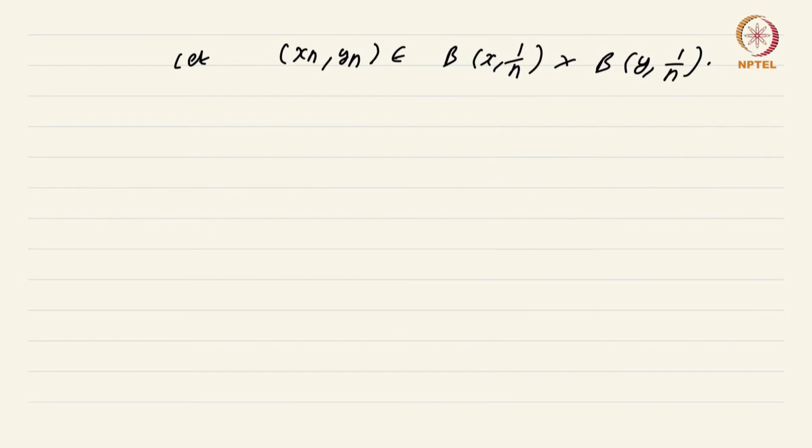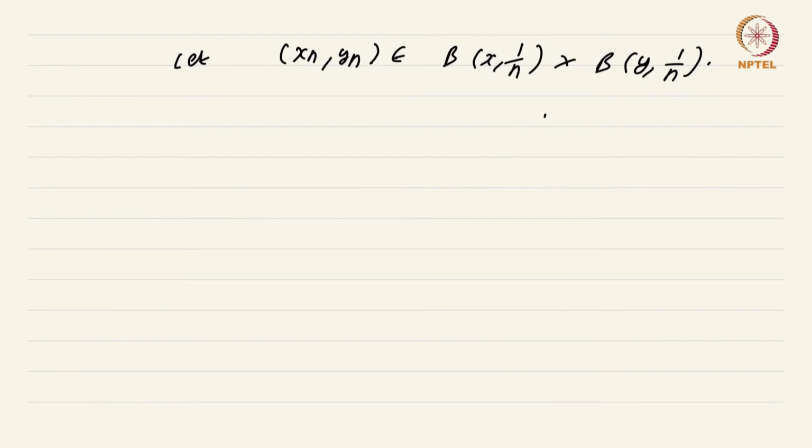So take this sequence (x_n, y_n), which is coming from the ball of radius 1/n centered at x, Cartesian product with the ball of radius 1/n in y. Now obviously x_n converges to x, and I made a slight error. Actually, it's not an error, it's more of an omission.